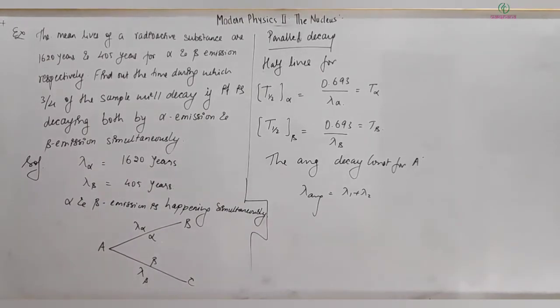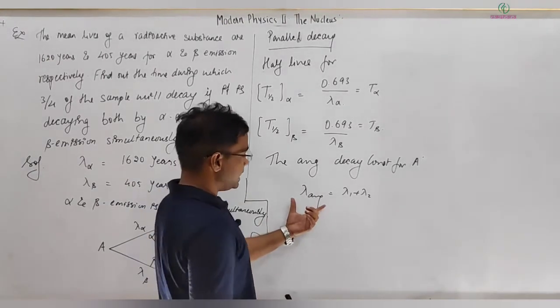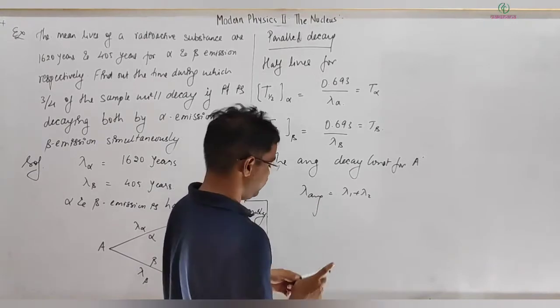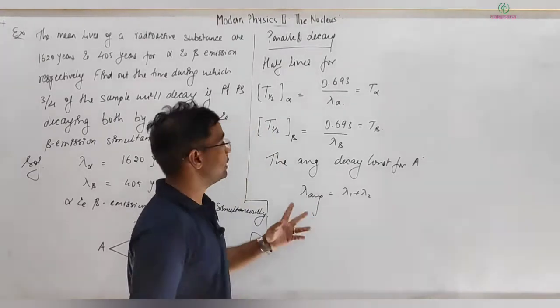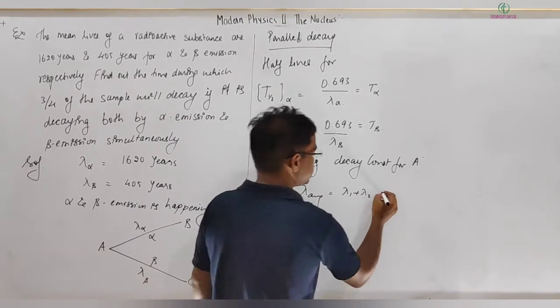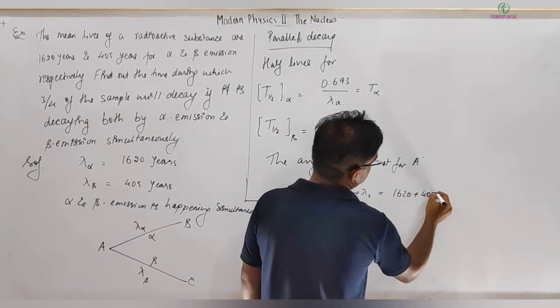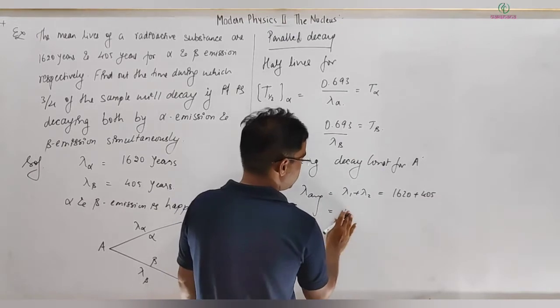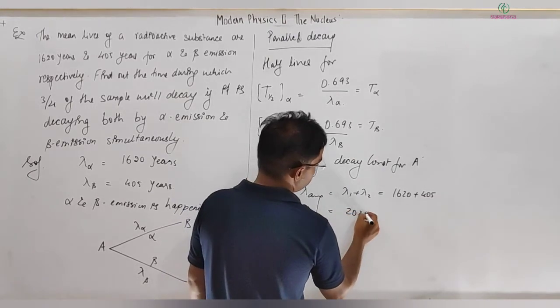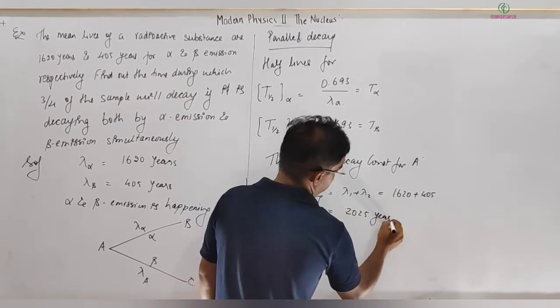Okay, so the effective lambda or mean life for A decay can be written as this, and that comes out to be 1620 plus 405, which is equal to 2025 years, right?